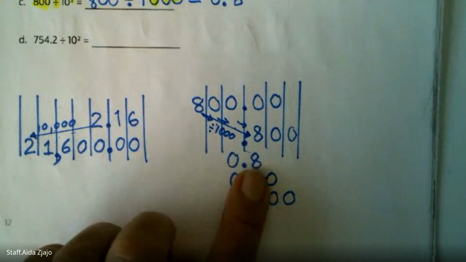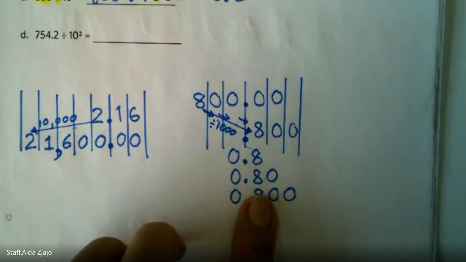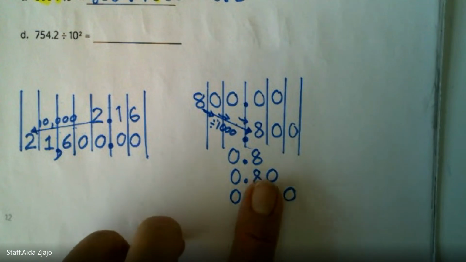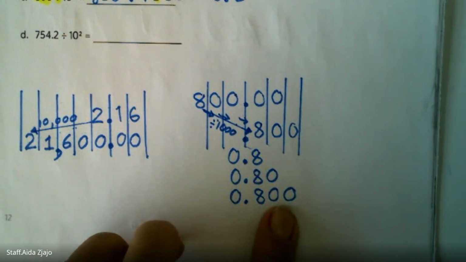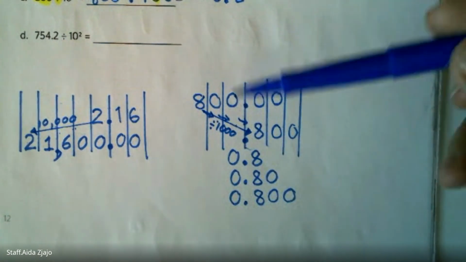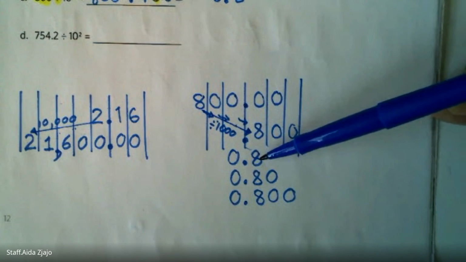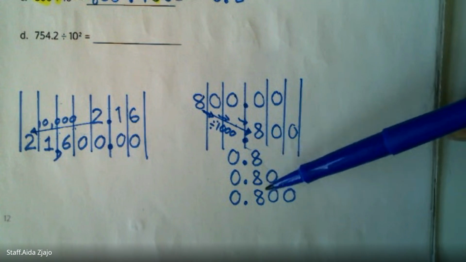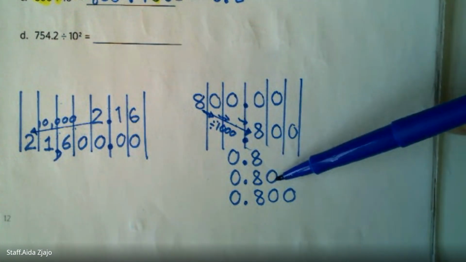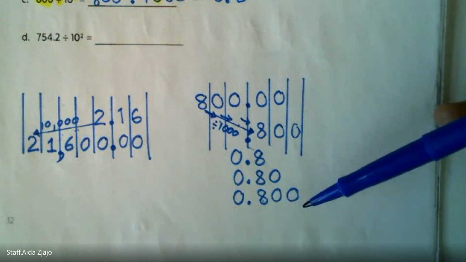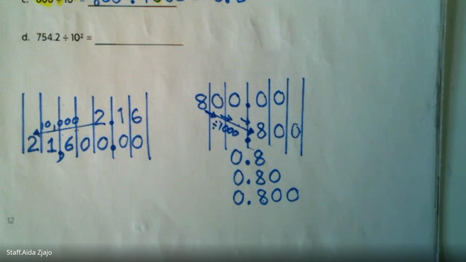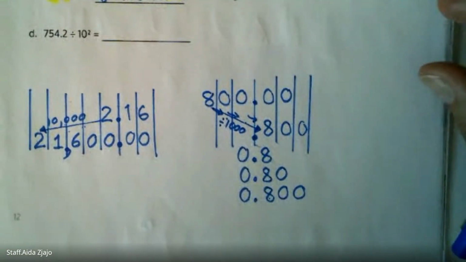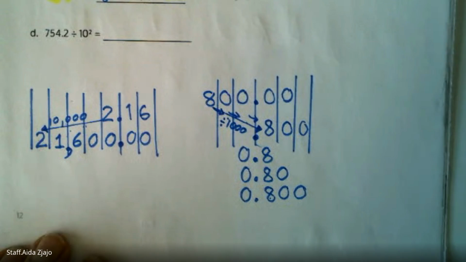The 8 tenths could be called 80 hundredths, and 80 hundredths could be called 8 tenths, also could be called 800 thousandths, because what's happening here, this 8 tenths, you divide into 10 more pieces, and they become 80 pieces of the smaller value. And then this also 80 divided into 10 more becomes 800 of 1,000 pieces. I hope that makes sense. So this is a very hard topic for the students. Okay, so far I got that.